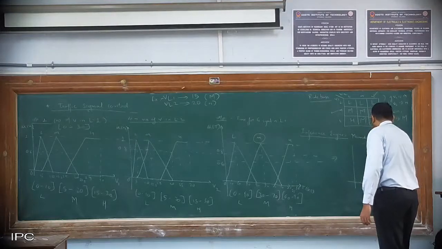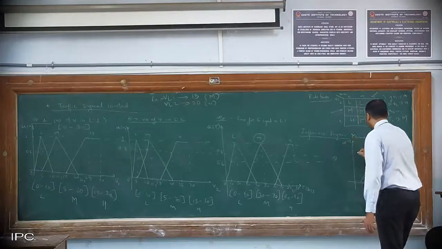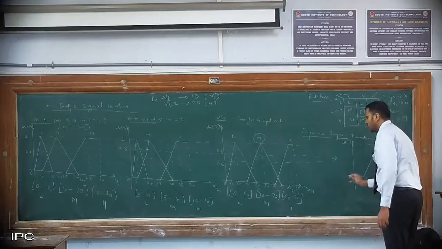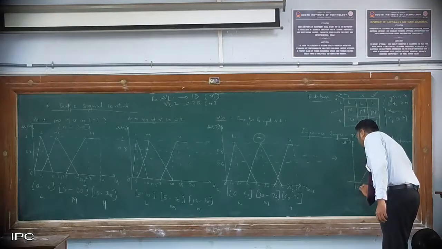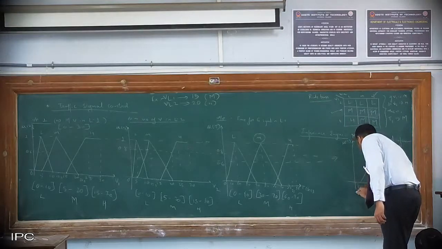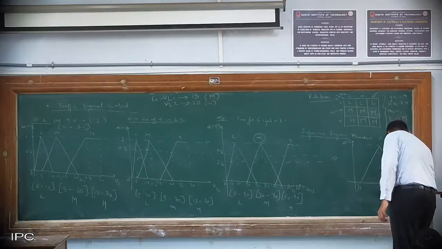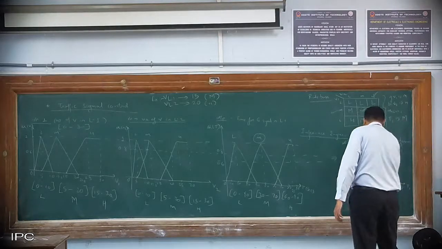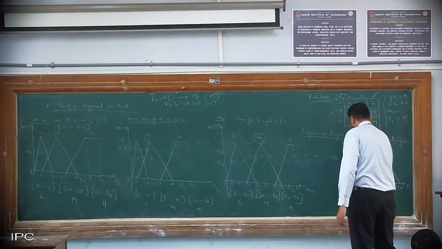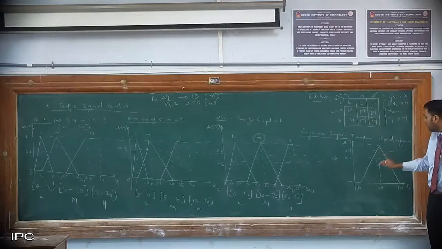This is mu of T1 and this is your T1. The values are 30, 50 and 70. This is your 0.6, 0.8.